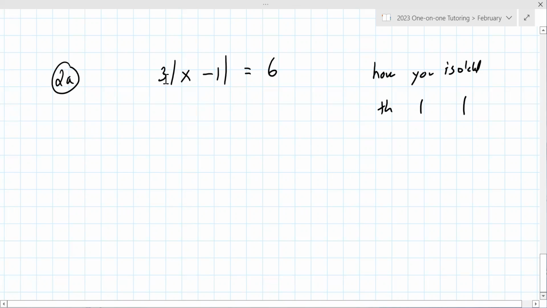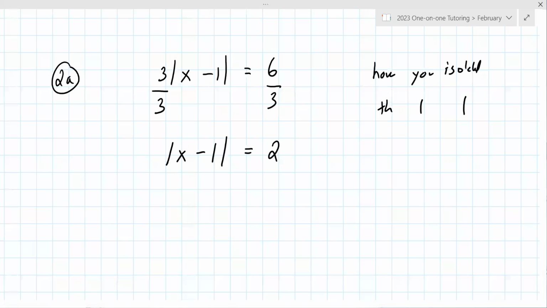No, there's this 3 and there's no plus or minus. So what is the math operator between the 3 and the absolute value? Multiply. Yes. So you undo that. We did these last lesson. Yes. So we divide both sides by 3. So absolute value of x minus 1 equals 2.